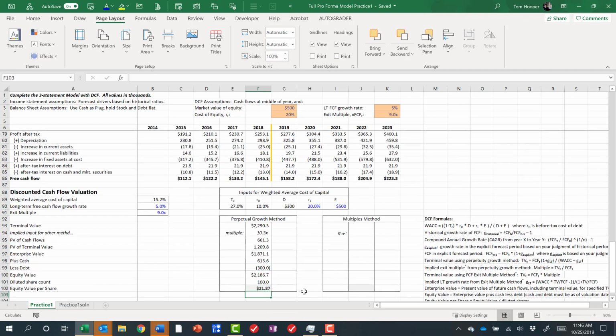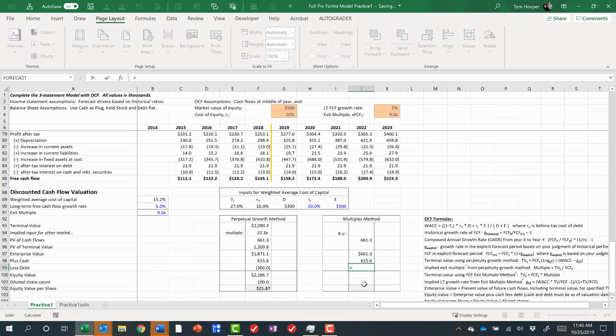And now we have an equity value per share calculated using the perpetual growth assumptions. Let's see what it would be using the multiples assumptions. But first, let me see how many of these numbers I can pull across, or at least formulas. So the PV of the cash flows is the same for either method. This formula to sum is the same.